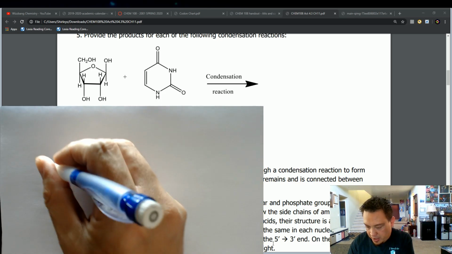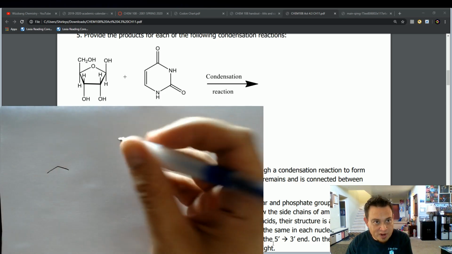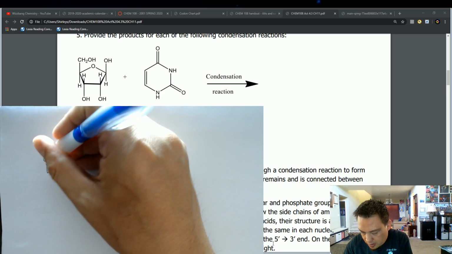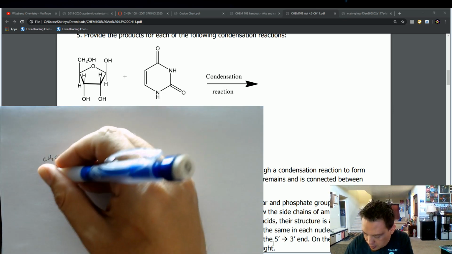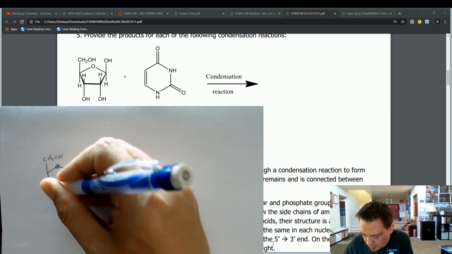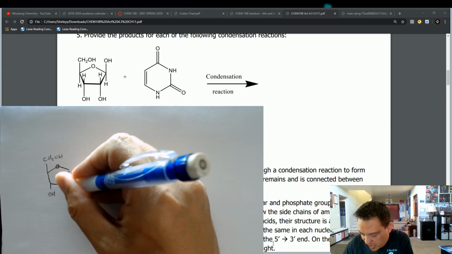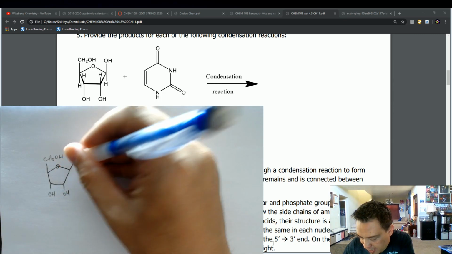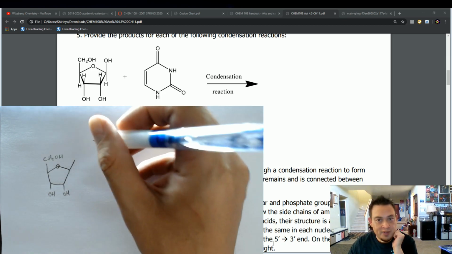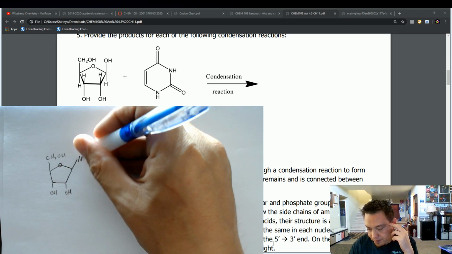I'm going to show connectivity with the lower nitrogen. So we have our regular ribose again. This is a DNA fragment. We have the beta anomer. And instead of having an oxygen here, we have nitrogen.